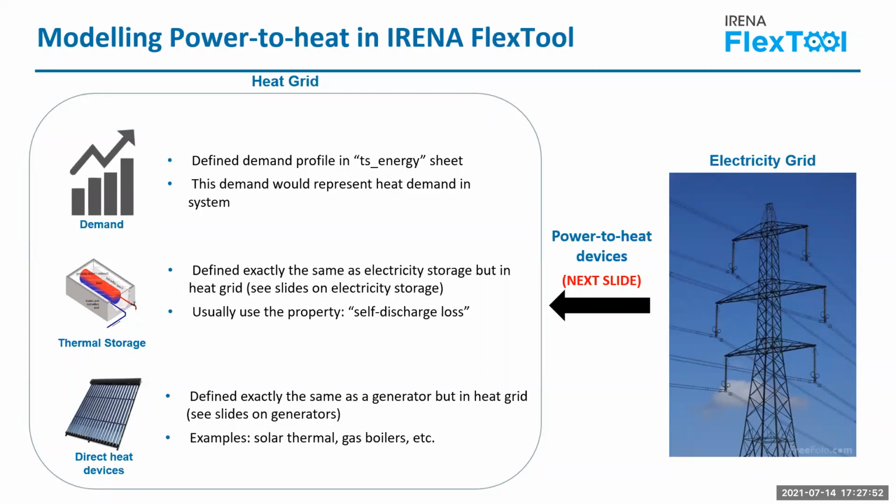We can define a storage. In this case, will be a thermal storage, the same way as we do for electricity. Usually here we will use the property self-discharge loss, because that's very relevant in thermal storage. And we can use direct heat devices like a natural gas boiler or a solar thermal boiler.